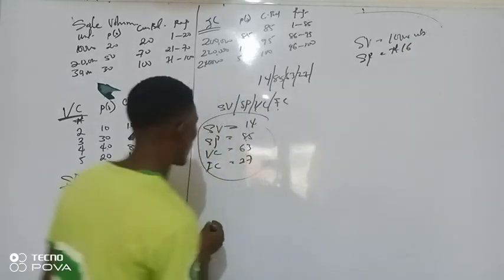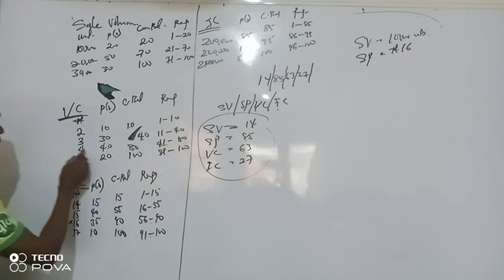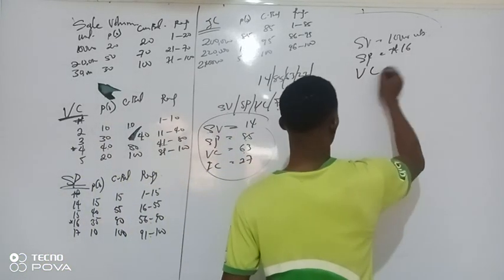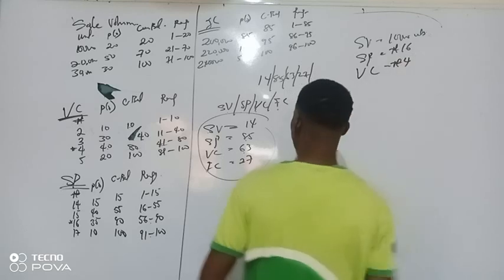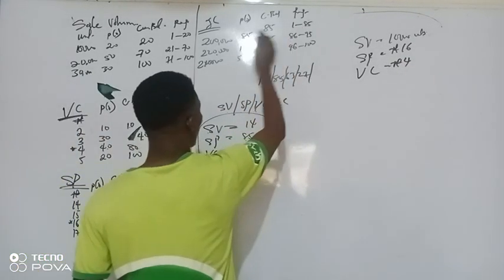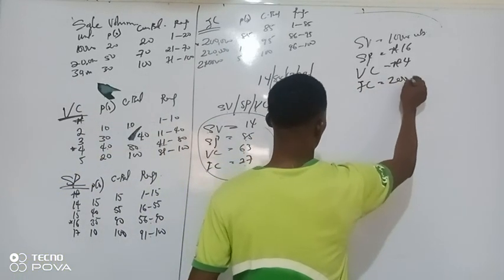For variable cost, 63 falls here, and the price is 4 naira, so your variable cost is 4 naira. For the fixed cost, 27 falls here, which is 200,000. The fixed cost is 200,000.